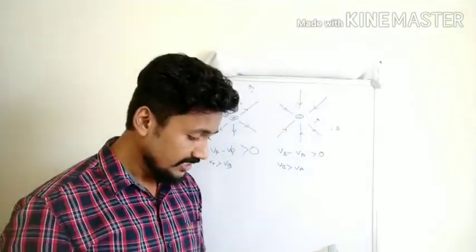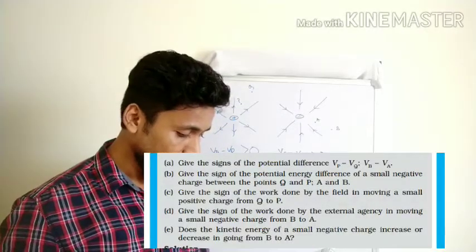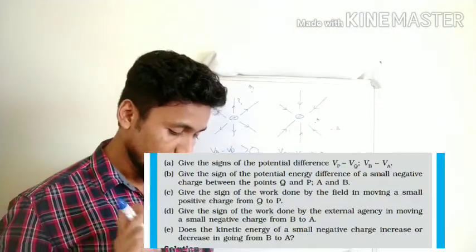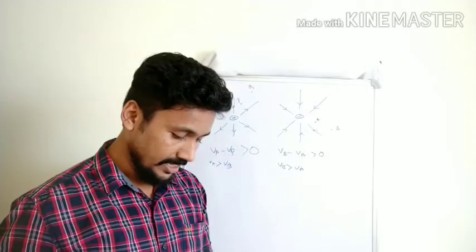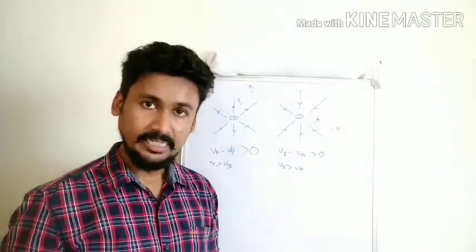Third, give the sign of the work done by the field in moving a small positive charge from Q to P. So in moving a small positive charge from Q to P, work has to be done by the external agency against the electric field. Therefore, work done by the field is negative.